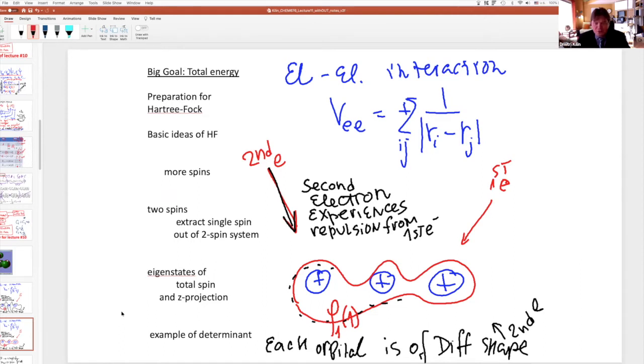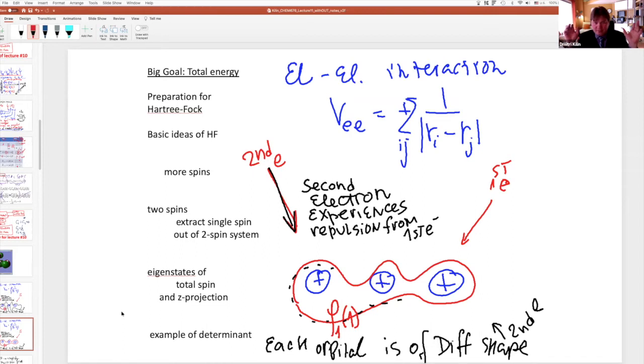So suppose we take a molecule, nail down the positions of the ions, and then do a crazy thing. We ionize it. We remove all electrons so that we have only the ionic skeleton. Then we bring back only one electron and let it take the shape that it wants to take.